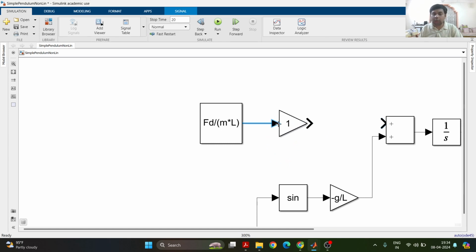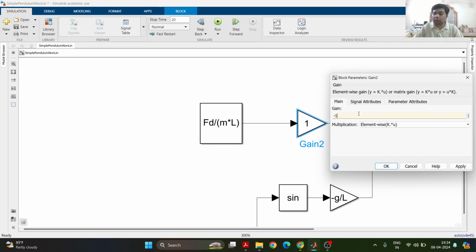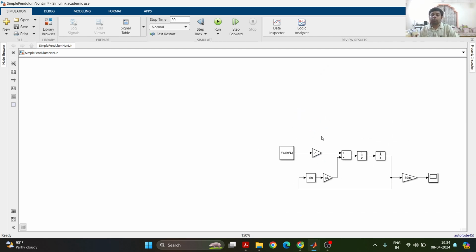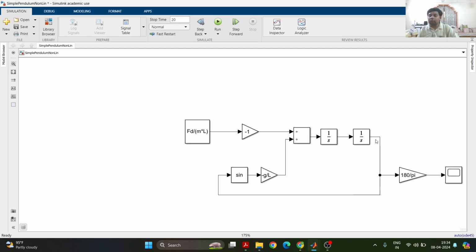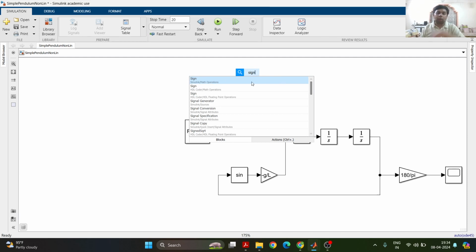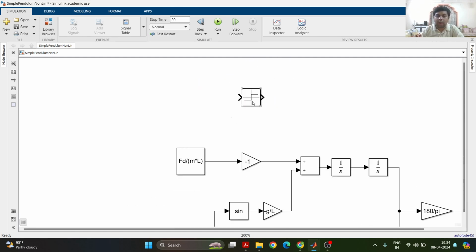So we can again use a gain block to invert its sign, and then there is the concept that the drag force should be opposite to the angular velocity. So the angular velocity part is coming up here.